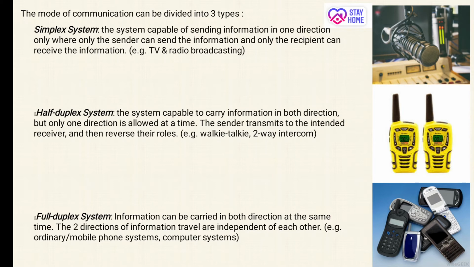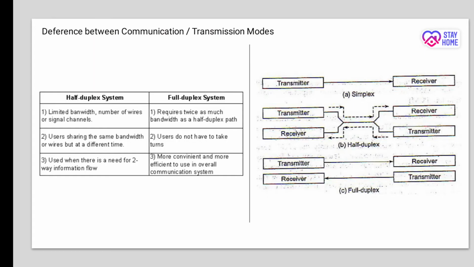The difference between these three types: for the simplex system, we have two main components, transmitter and receiver, sender and receiver, and it only has one direction, so we can only send our information from place 1 to place 2. And for the half duplex system, we can send from place 1 to place 2, and from place 2 to place 1, because we have two senders and two receivers at both places.